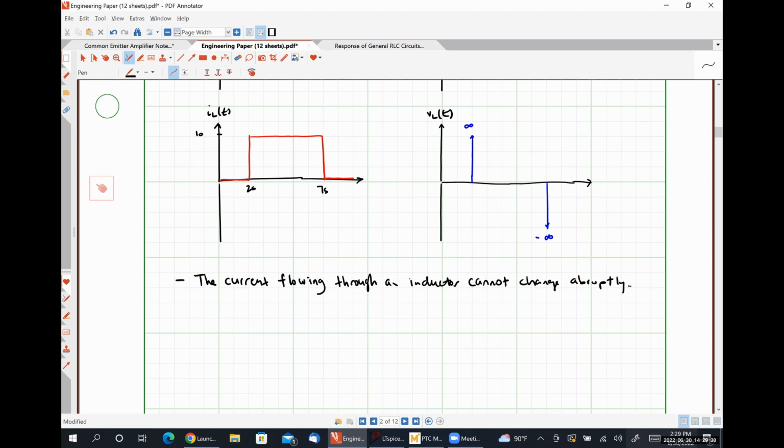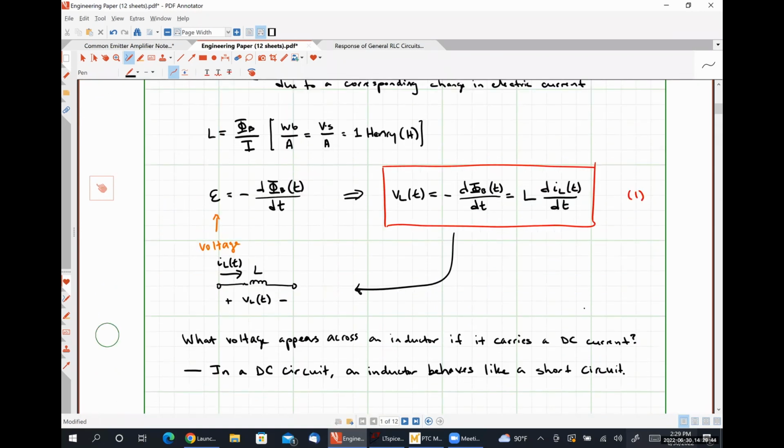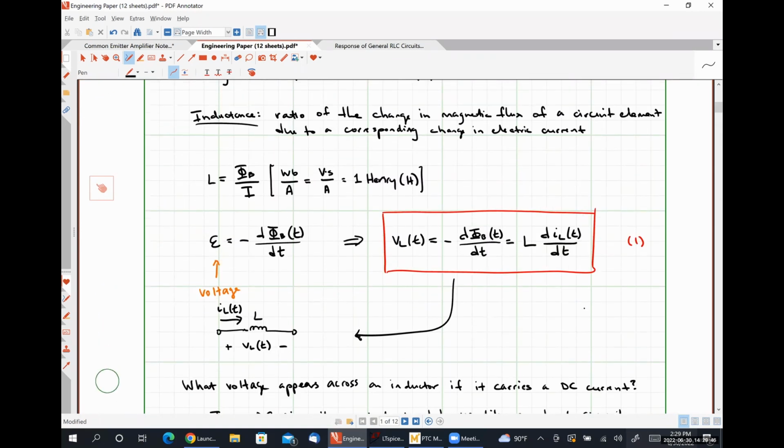Okay. All right, so just to recap what we've covered thus far, we have developed this first equation that says the voltage drop across an inductor is equal to L, the inductor value, multiplied by the change in the current that's flowing through the inductor. From this mathematical relationship, we have observed two things about how inductors behave.